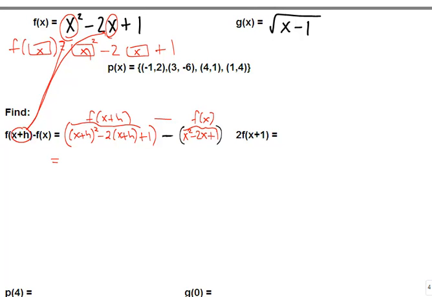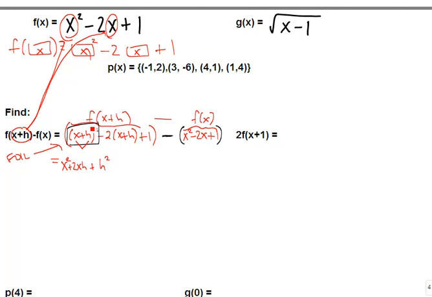The first thing I'm going to do is distribute this square. So I'm going to simplify and expand out this quantity right here. So that's going to turn into the x squared, the h squared, and remember this is FOIL going on right here. So we do get a middle term, the x times the h doubled. So you get x squared plus 2xh plus h squared.